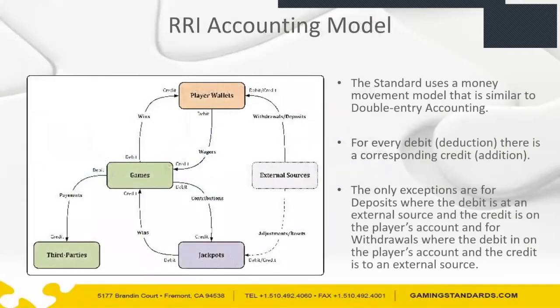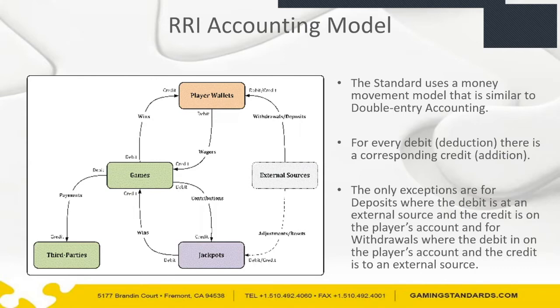Now, we are talking about gaming, we are talking about money. And I'm sorry that that graphic is not very clear. I do apologize. I'll talk through it briefly. So RRI has an accounting model, and the accounting model is very similar to a double entry accounting model.